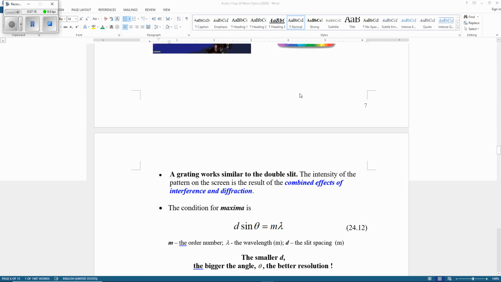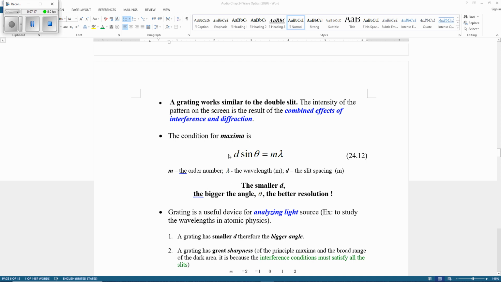Okay, so then we can just go ahead and use the formula for double slit for the diffraction grating. So this formula is the same: d sine theta equals m lambda, where m is the order, 0, positive or negative 1, positive or negative 2, and lambda is the wavelength.